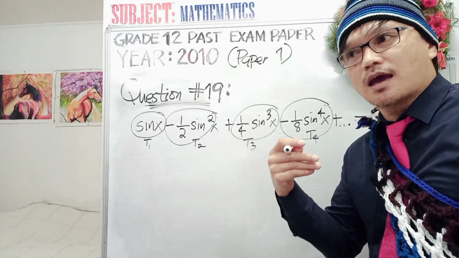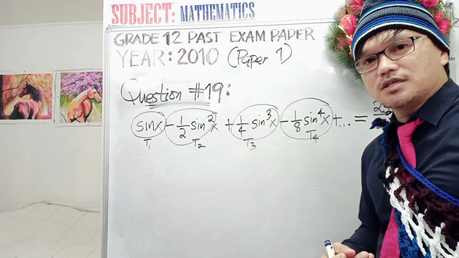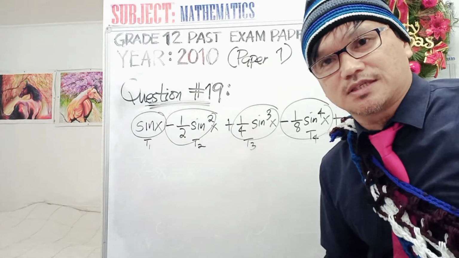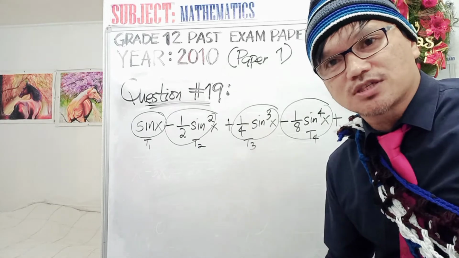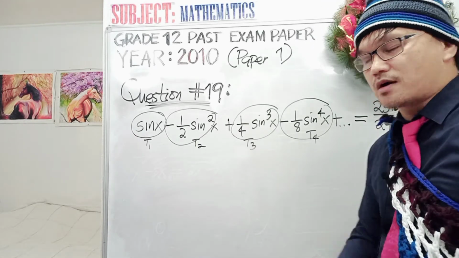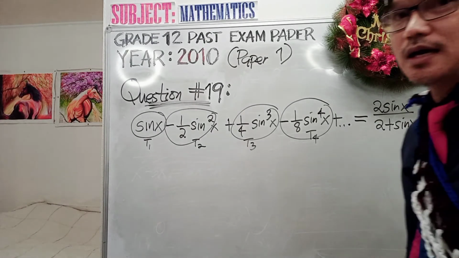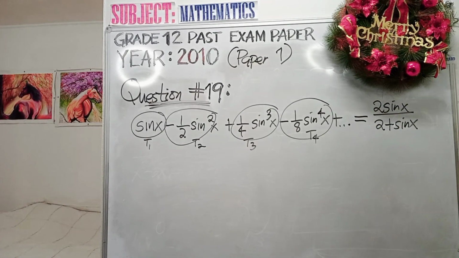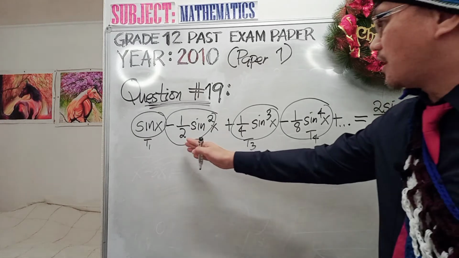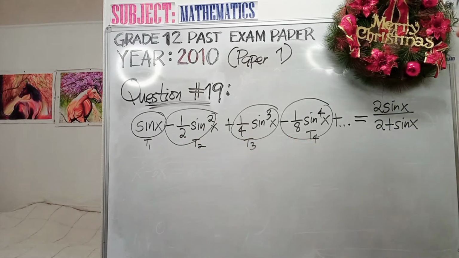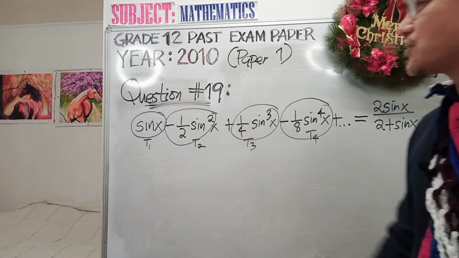Is this an arithmetic series or geometric series? Arithmetic progression or geometric progression? So how will you know that you can say that it is geometric? Okay, because of the given constant here, which is in fractional form.